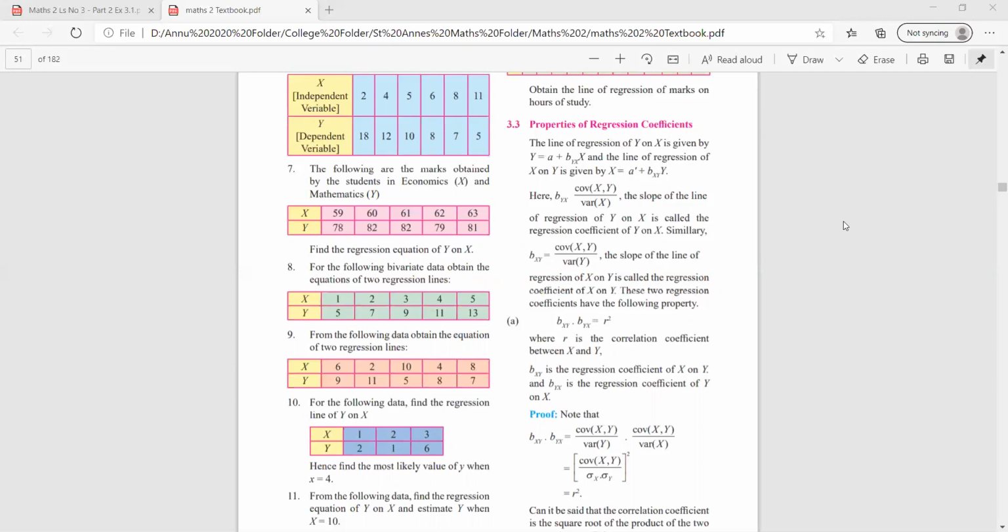So as you can see, I am starting with exercise 3.1, sum number 7. So observe the question very carefully. The following are the marks obtained by students in economics, which is represented as X, and mathematics, which is represented as Y. Now, can you see the values of X and Y, class? All the values are bigger or much bigger than the value 20.